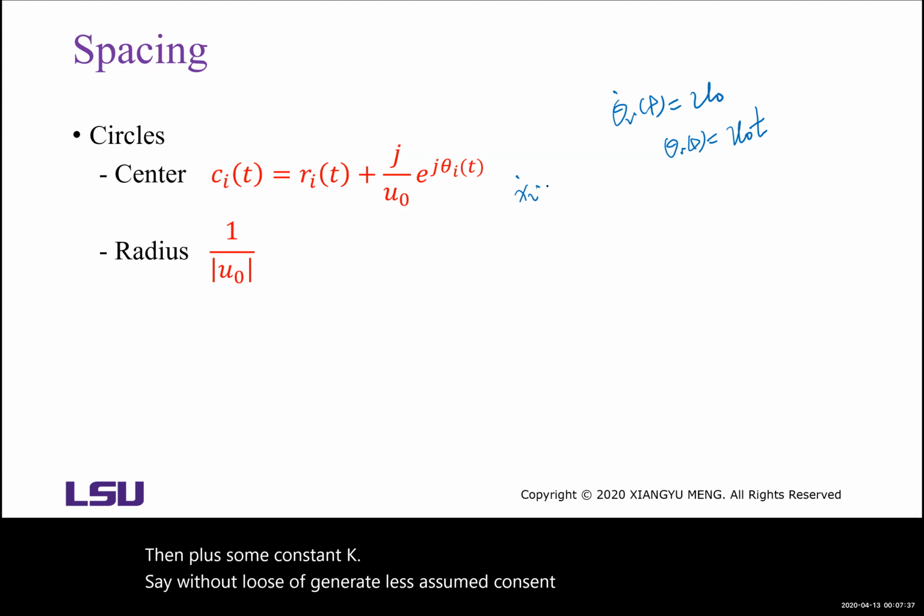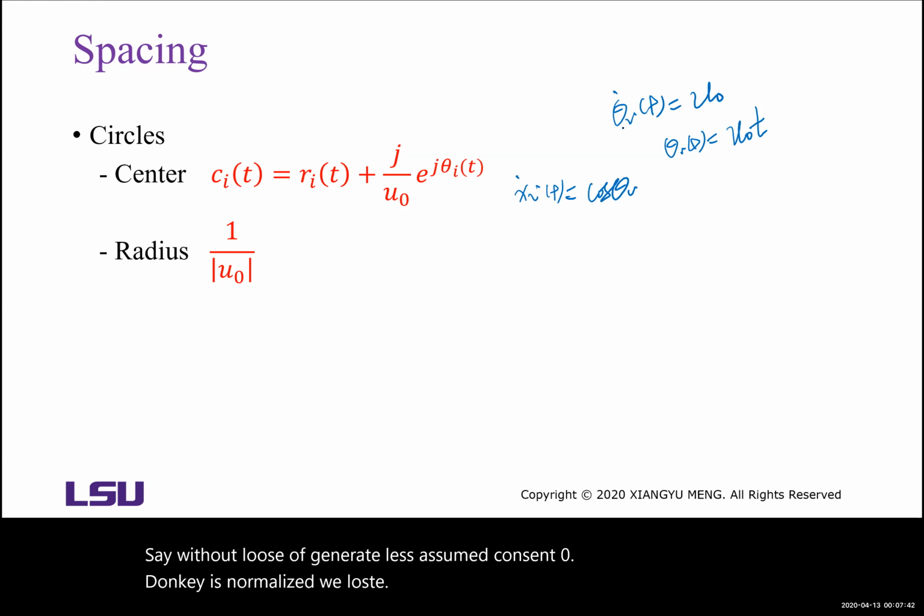Then we know x dot is cosine of θi, since the velocity is normalized.